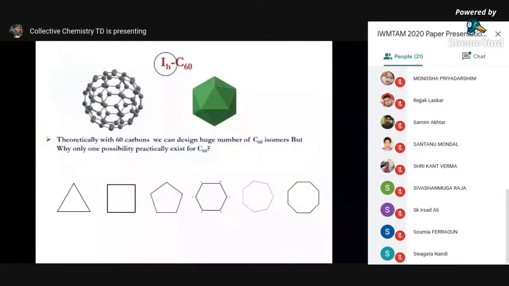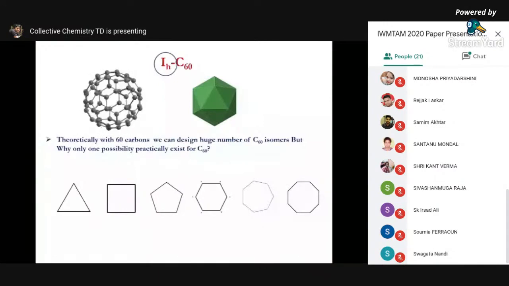Here C60 contains 60 carbons. So naturally the question arises: theoretically we can design lots of C60 isomers, but why does only one isomer exist?